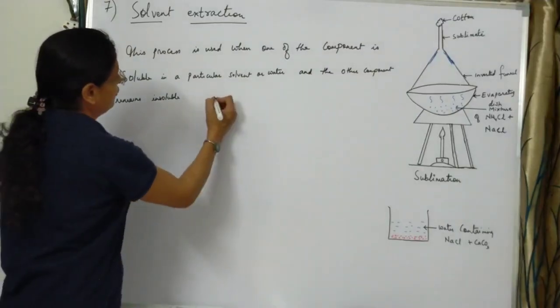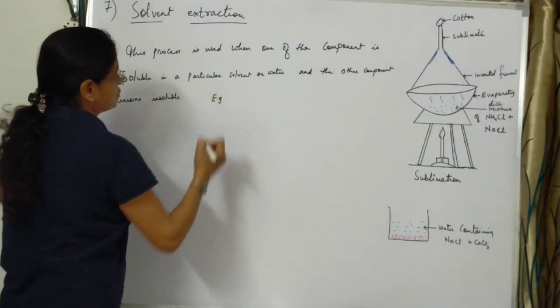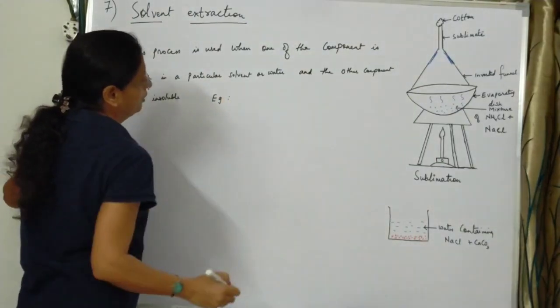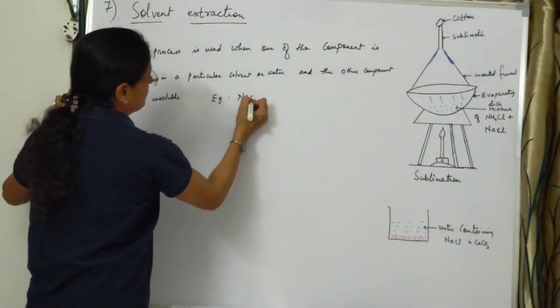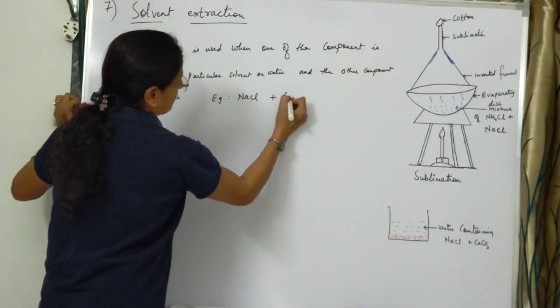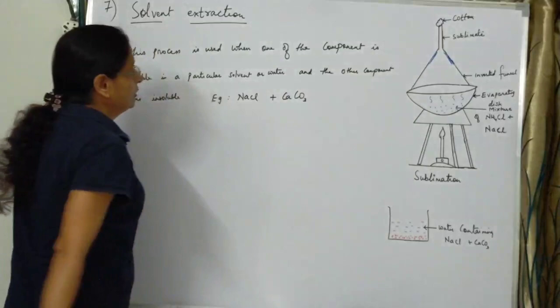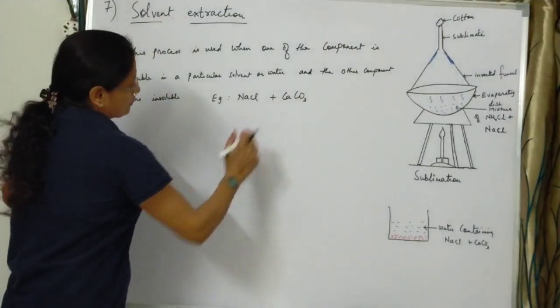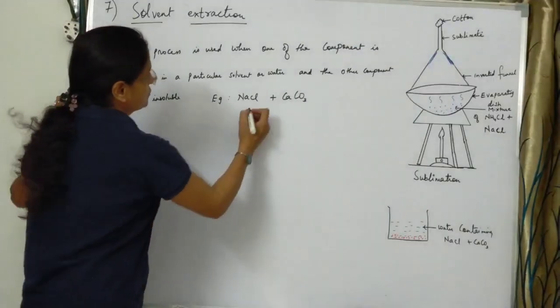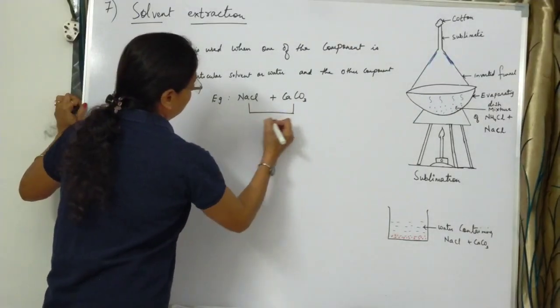Let me give an example. For example, suppose you have a mixture of our common salt again. The formula for common salt is NaCl, that is sodium chloride, plus calcium carbonate. If we are having this mixture, now look here, suppose we take water as a solvent.